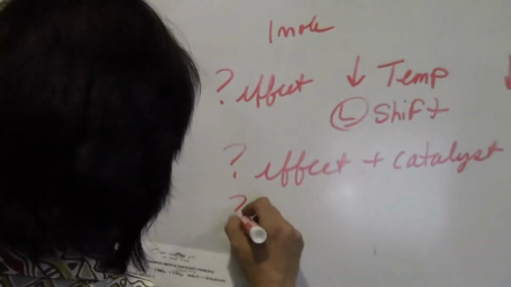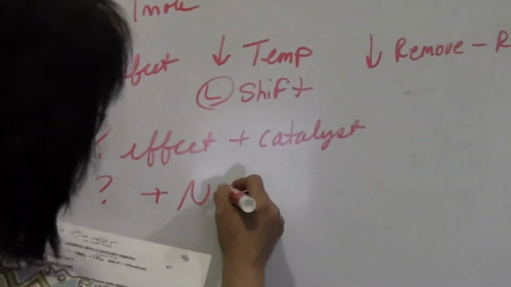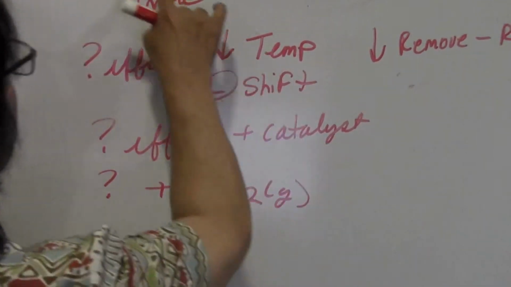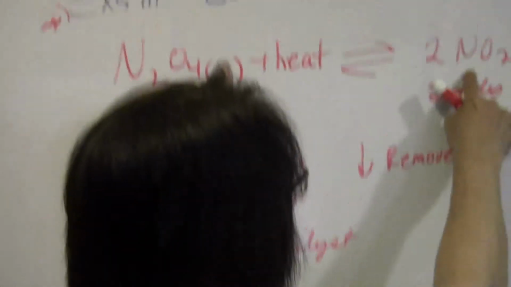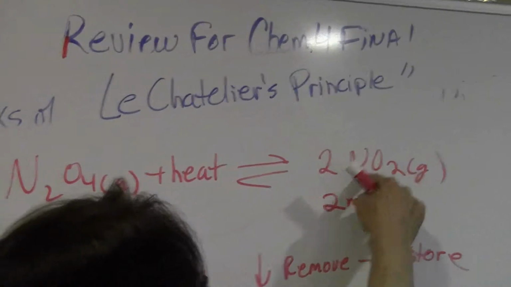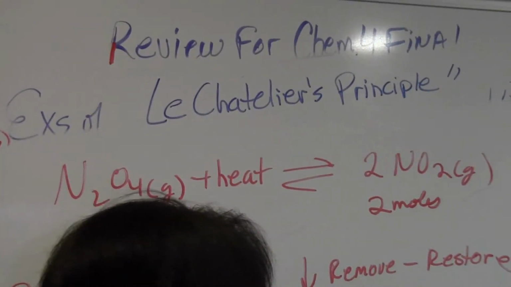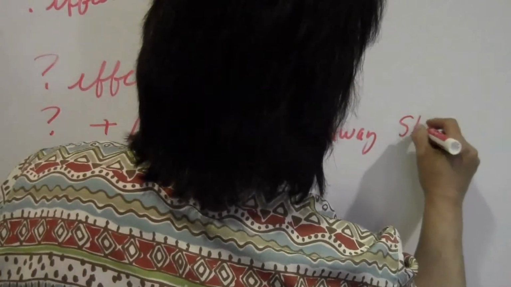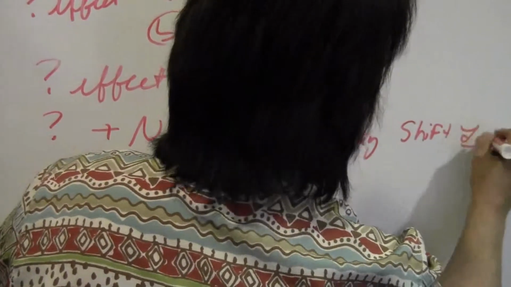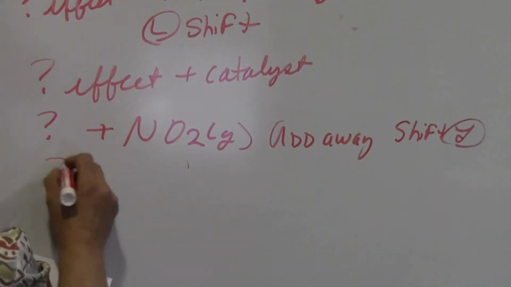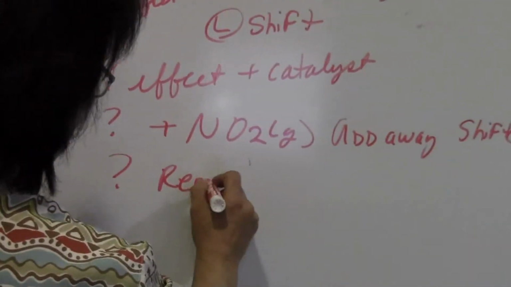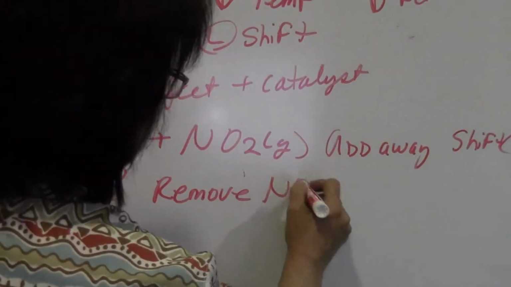Now they want to know, what is the effect if we add NO2 gas? Oh, NO2 is over here. Remember, if you add a compound, away. So you're going to do add, away. To go away from NO2 is to shift left. What if you remove NO2?